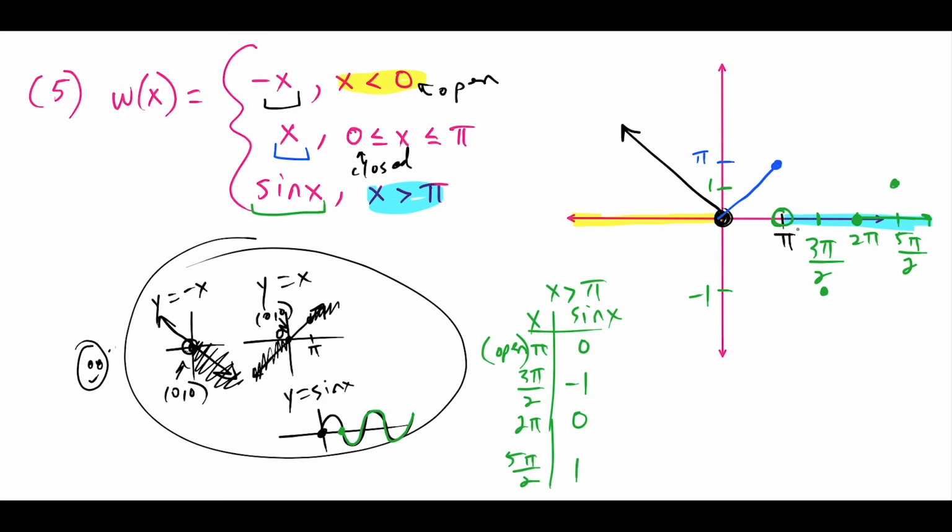Let's say that's somewhere over here. Okay, so if I connect this like this, it is going to complete our sketch. And I'm going to go ahead and put an arrow that this wave is going to continue, because it's when x is greater than pi. This is just going to go on forever. So this is going to be our sketch for the graph of w of x, and we'll just color code it here. So this is a sketch of w of x.